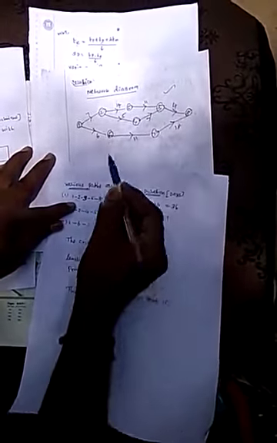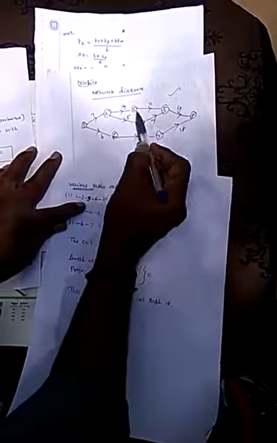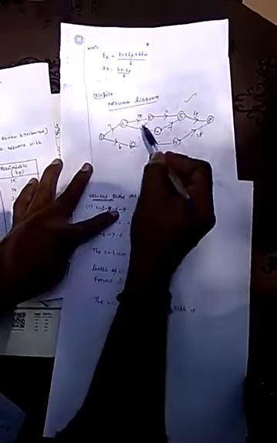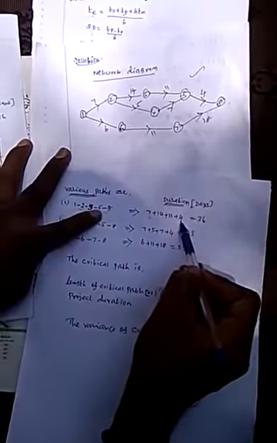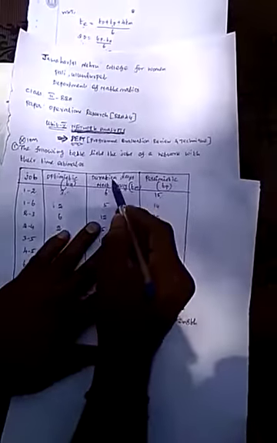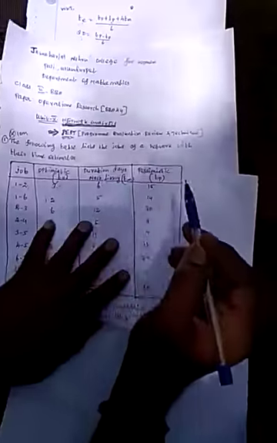The first path is 1 to 2, 2 to 3, 3 to 5, 5 to 8. Its durations are 1 to 2, 7; 2 to 3, 14; 3 to 5, 11; 5 to 8, 4. Adding these values equals 36 days. The duration is in days, because the question mentions days.